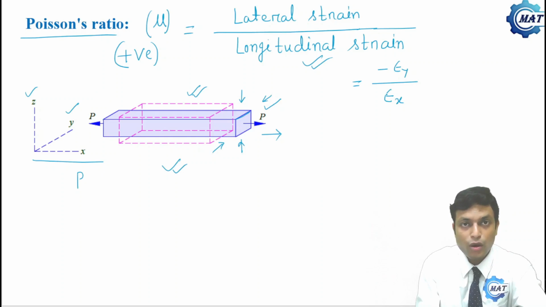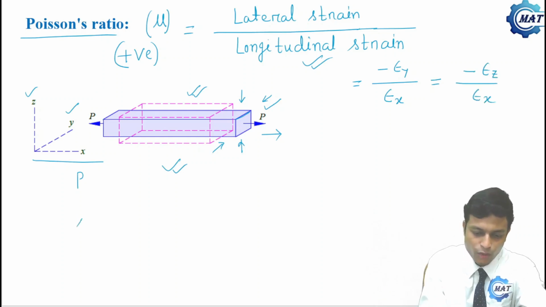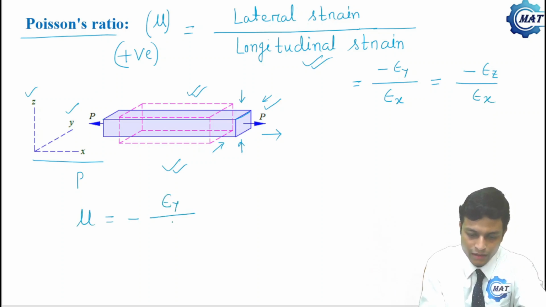That is, this is in compression, that is negative strain, but Poisson ratio is positive. To make it positive, the negative sign has been introduced, and that is also equal to minus epsilon z by epsilon x. So Poisson ratio mu is nothing but minus epsilon z by epsilon x.